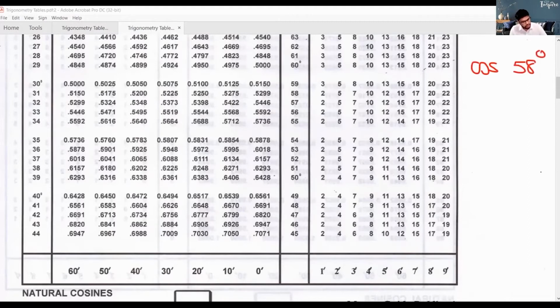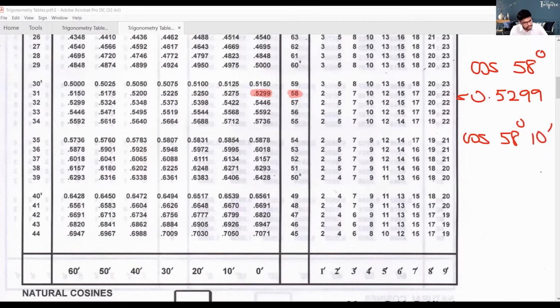So children, when we are looking for 58 degrees, this is quite easy because 58 is here straight away. There are no minutes, right? So that means, children, this is the value, 0.5299.